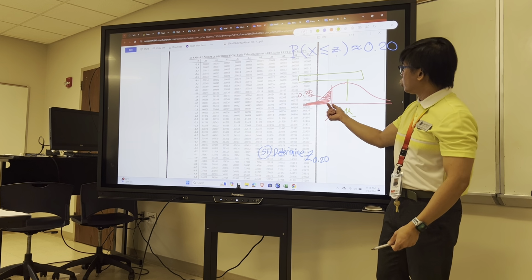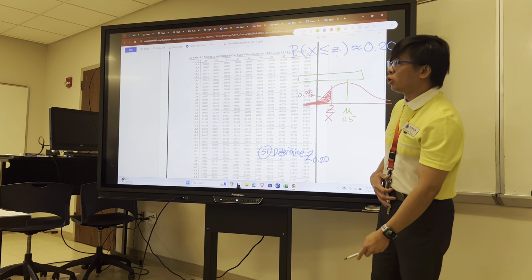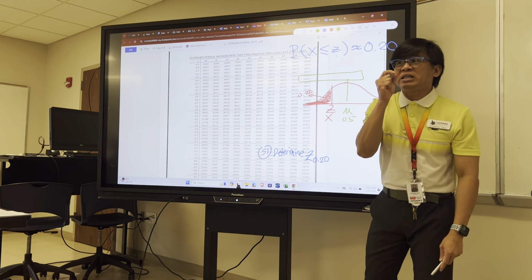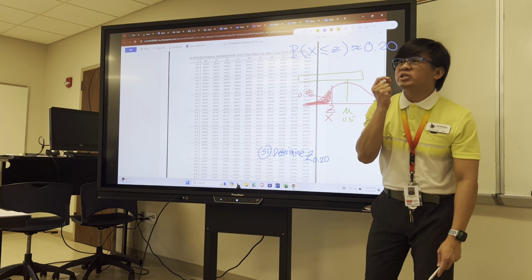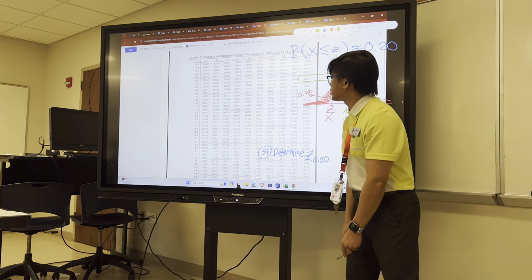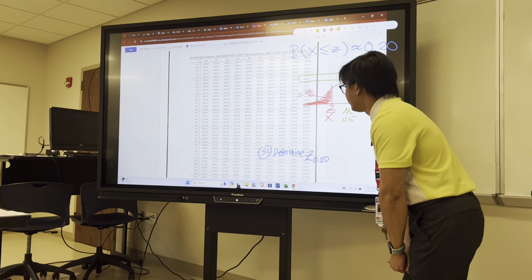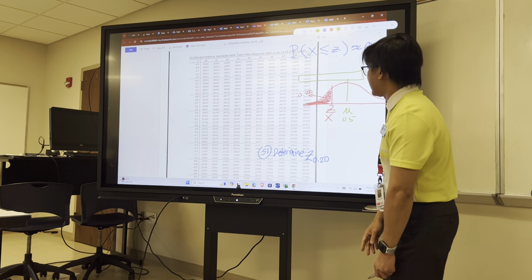Right? Since this is 0.2, it's less than 1/2, so we expect it to be negative. So where's that 0.2? We will not see an exact value in here, but we would see something that's closest to it. Okay, so look at those values, the one that's closest to 0.2. So verify, verify, verify. Where is that?